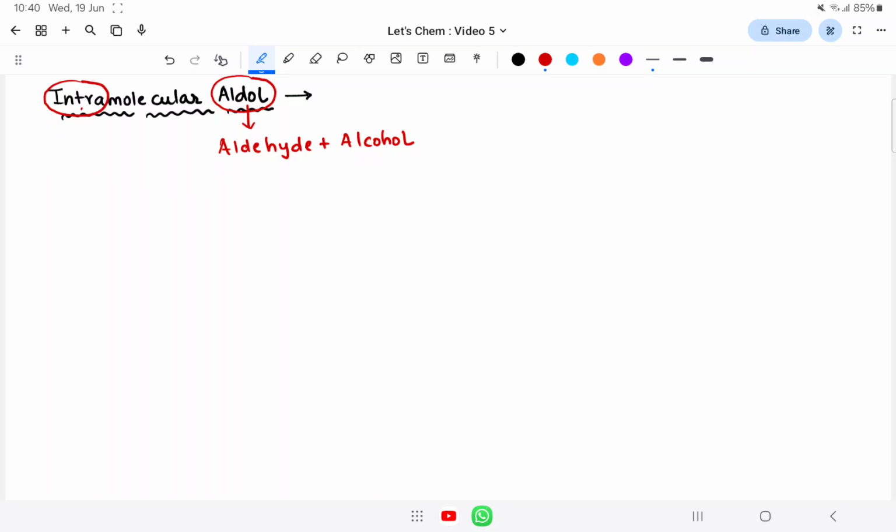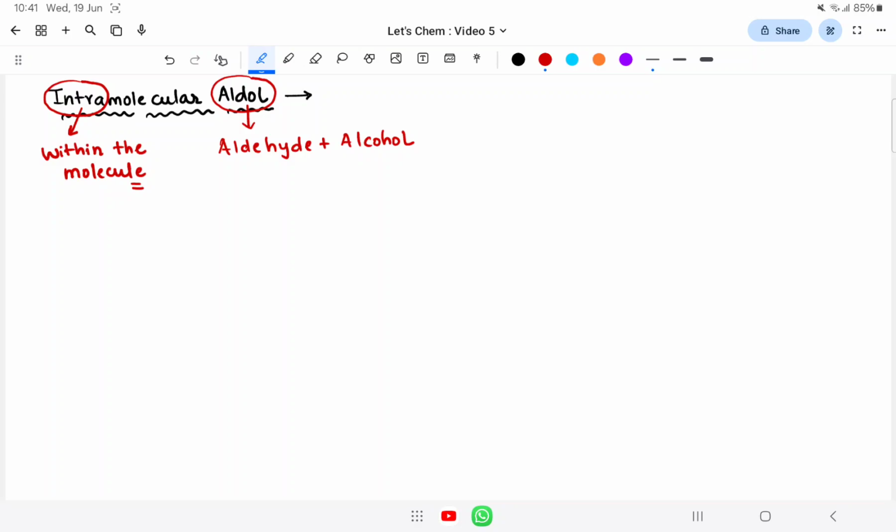And intramolecular, I hope you are aware of the concept. Whenever the word intra comes, it means what, guys? Within the molecule. You would have heard this word at many places, including H bonding, inter and intramolecular. Intra means within the molecule.